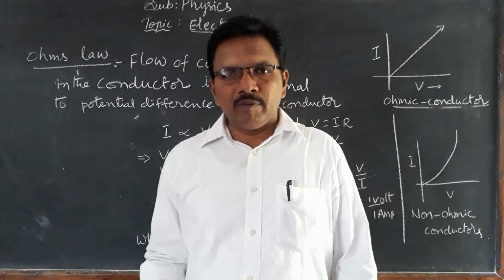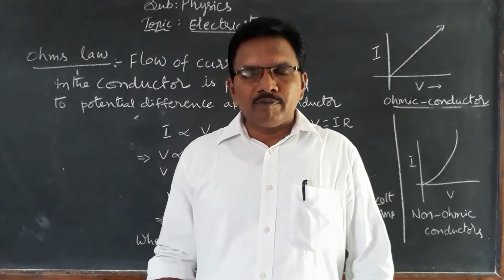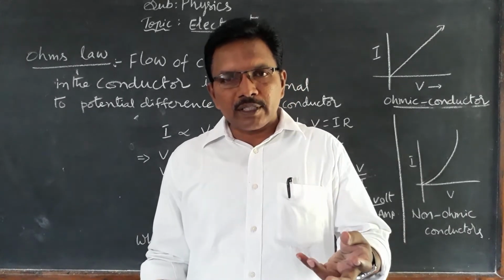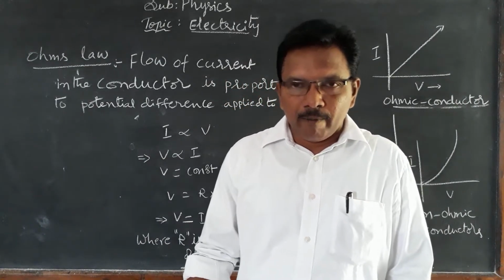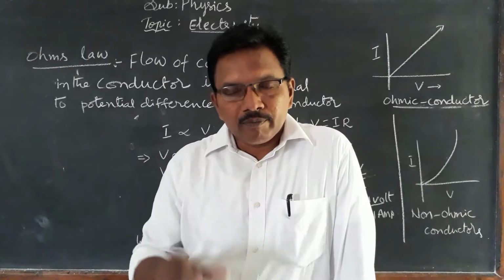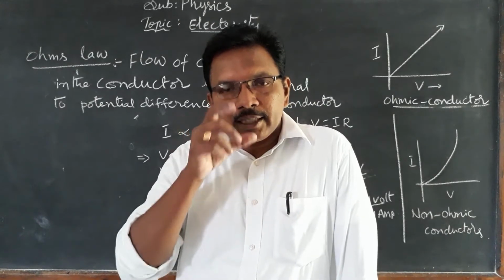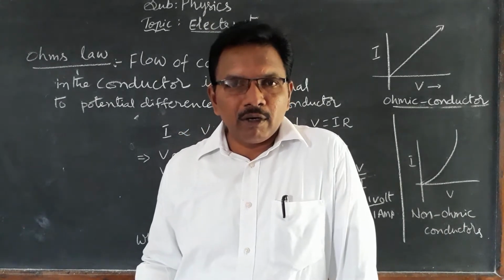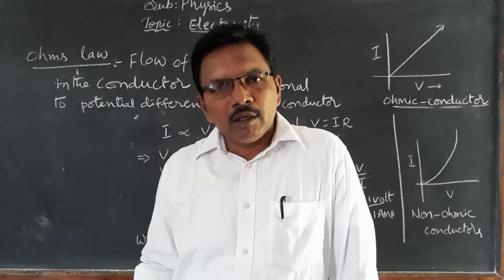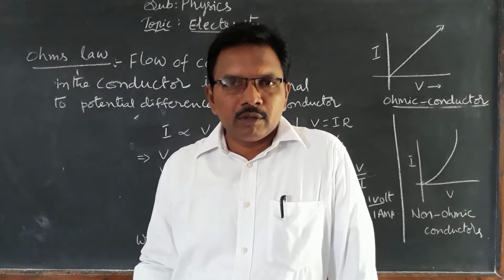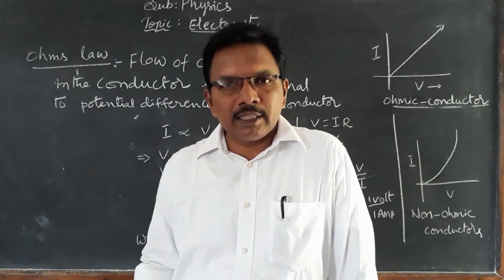In a simple way, the potential difference is created by the battery, as I already explained in the previous video. The potential difference is nothing but the energy supplied to the electrons. To make electrons flow, energy is required.